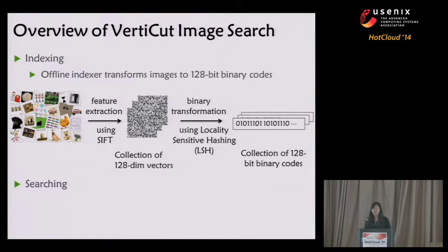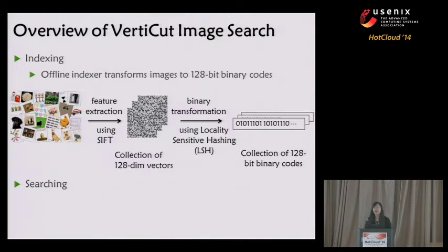It then maps each high-dimensional feature vector to a 128-bit binary code using locality-sensitive hashing, which preserves semantic similarity.